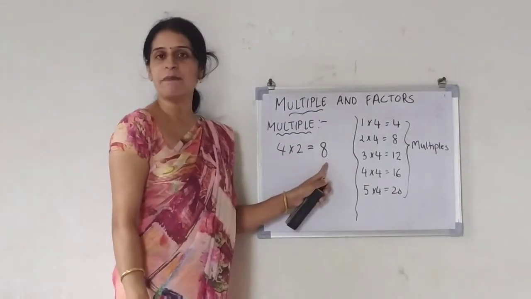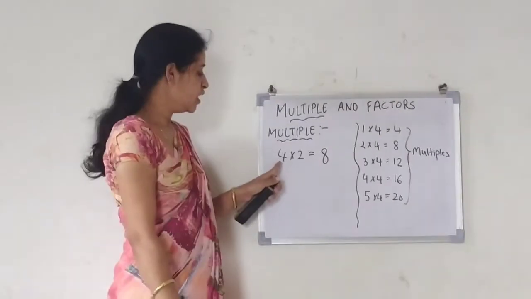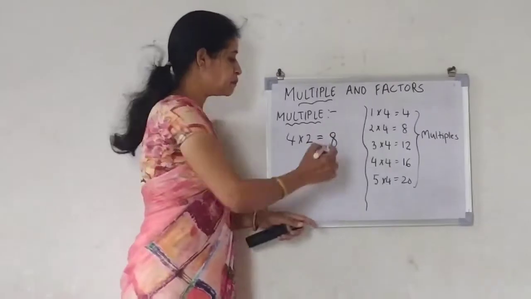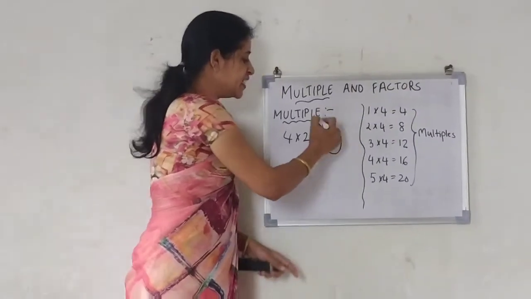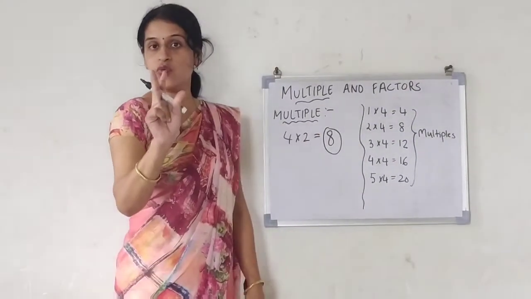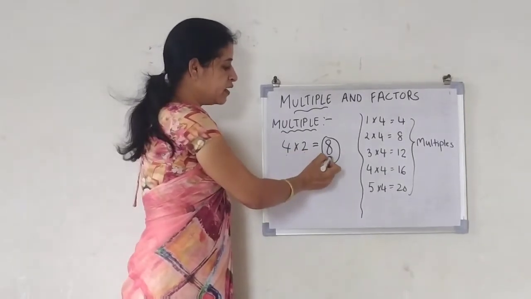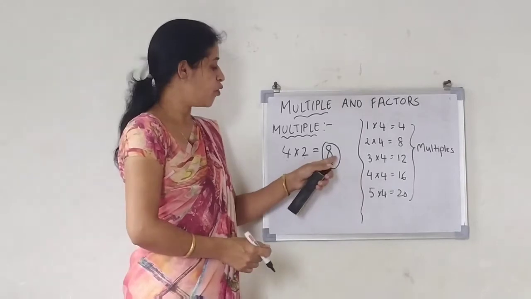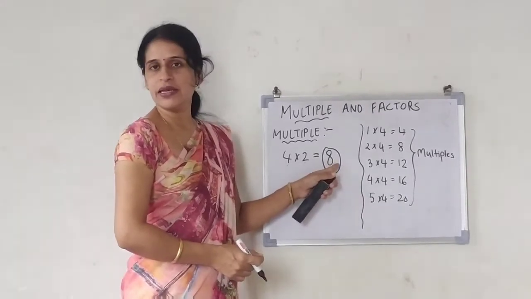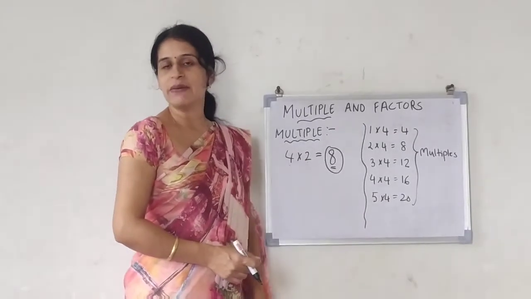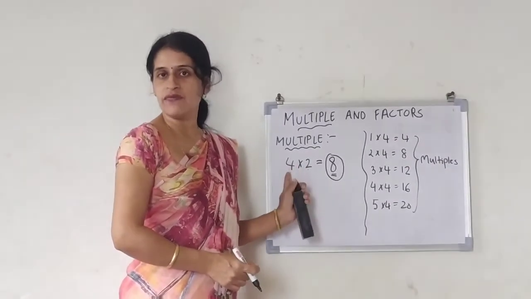So 8 is the multiple of what? 4 into 2 is equal to 8. This 8 is the multiple. When you multiply the two numbers, you get a product. This product 8 is a multiple of the numbers 2 and 4.